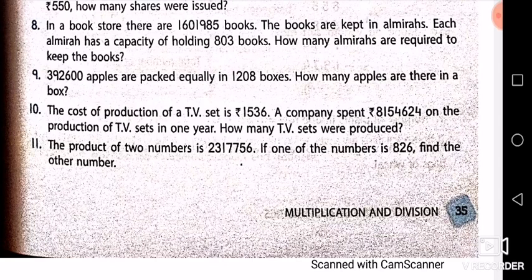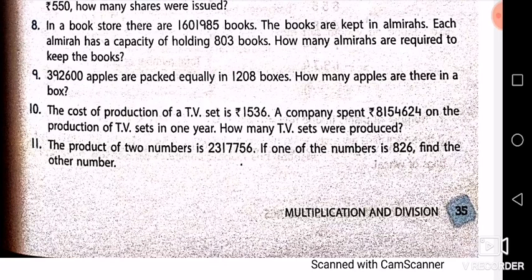So what you have to do in this question? Find the other number. So how will you find the other number? Yes, this product of two numbers, that is 23,17,756, will be divided by 826. After division, you will get the quotient, which is your second number.